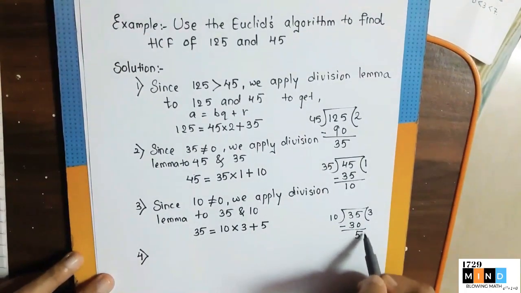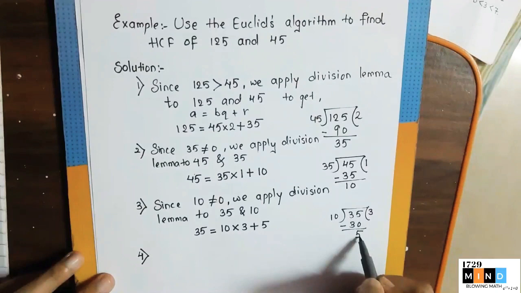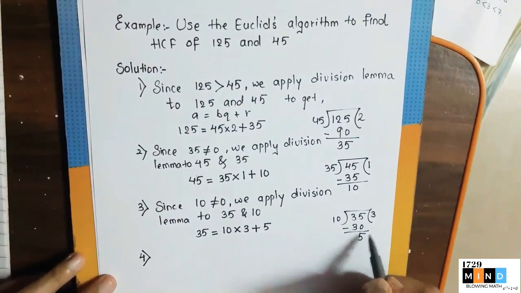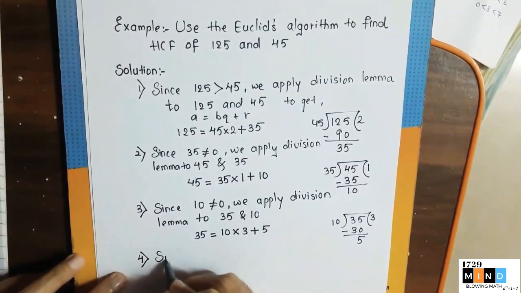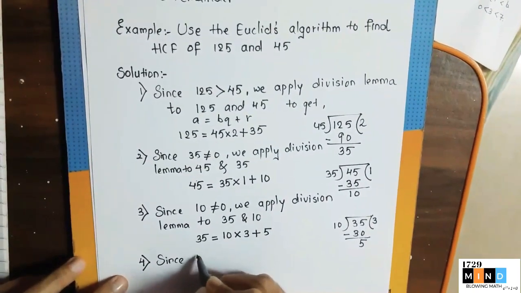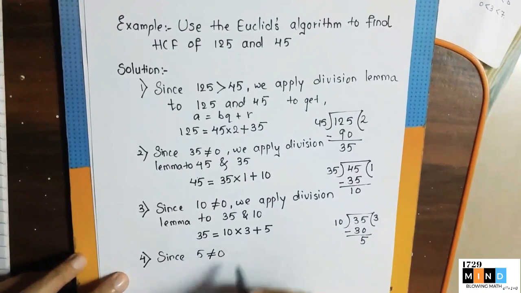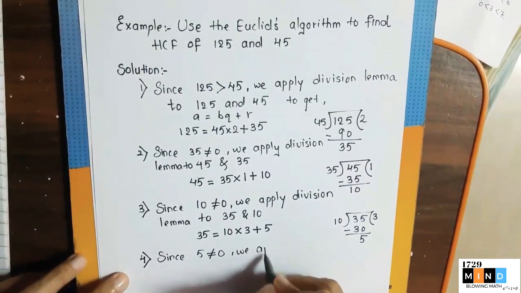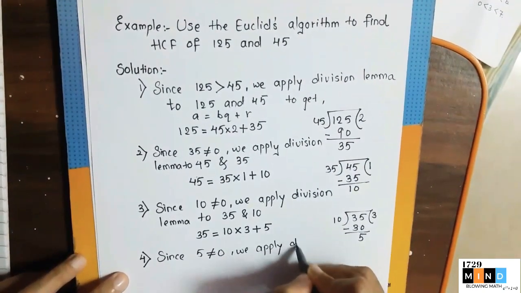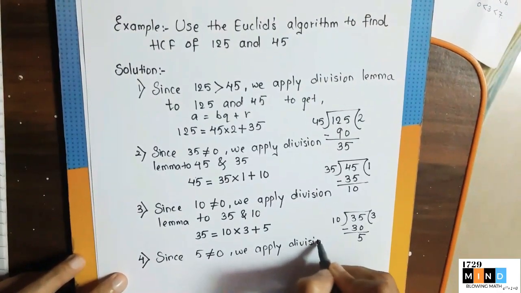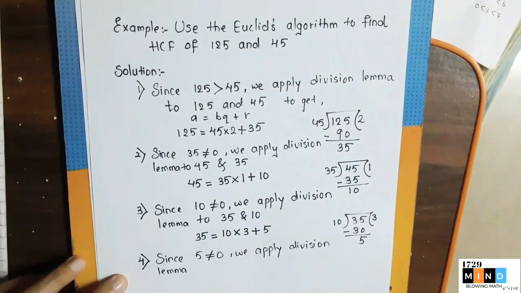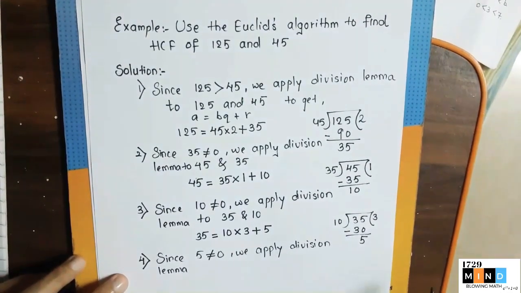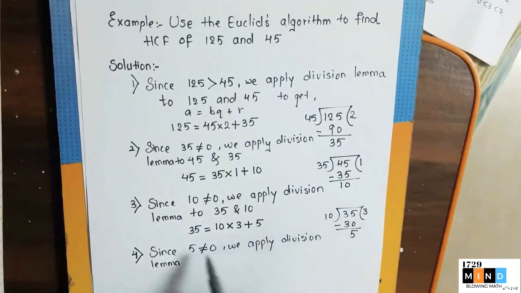So guys, see here again we have the remainder 5. That means we are not reaching 0, so again we go to the next step. Same step we apply.